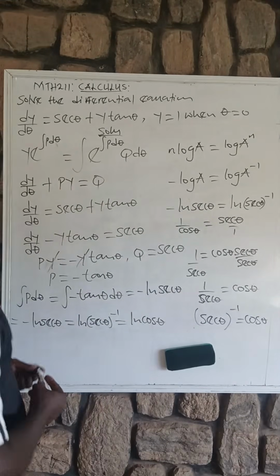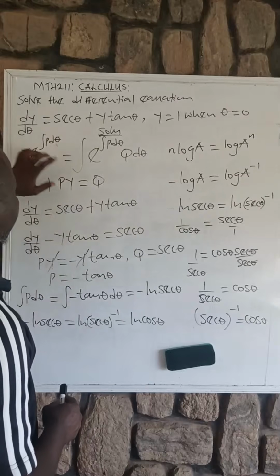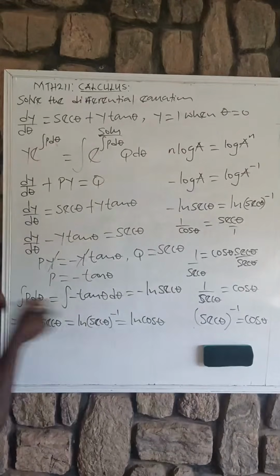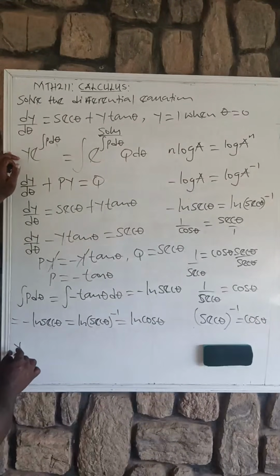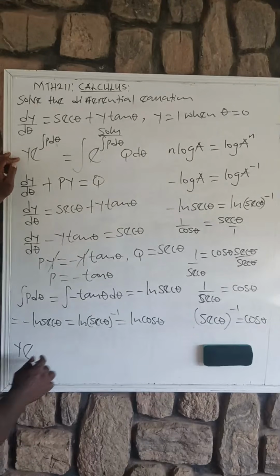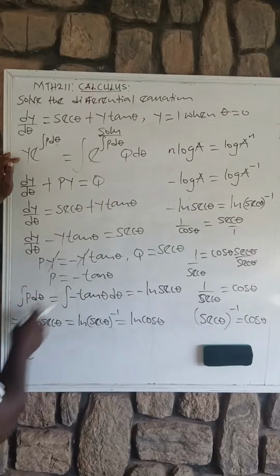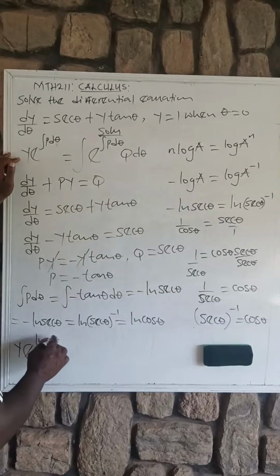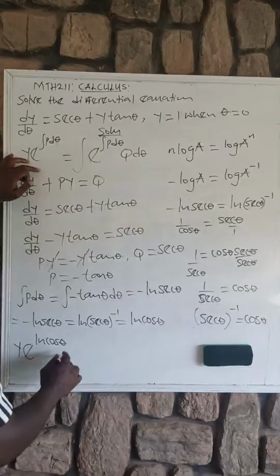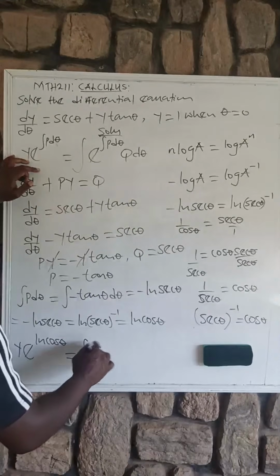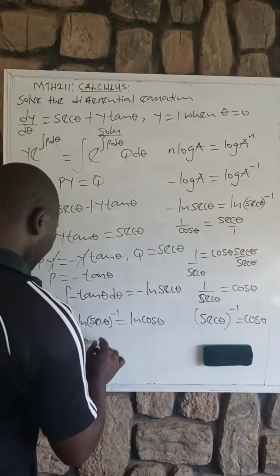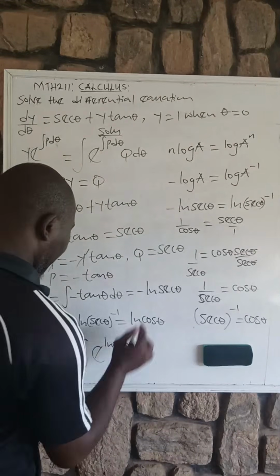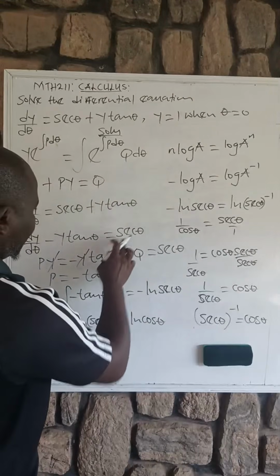Can you see now? So let us substitute this into this formula. Right? This is y exponential of the integral of p d theta, which is ln cos theta, then equals the integral of exponential ln cos theta, times q, which is what?